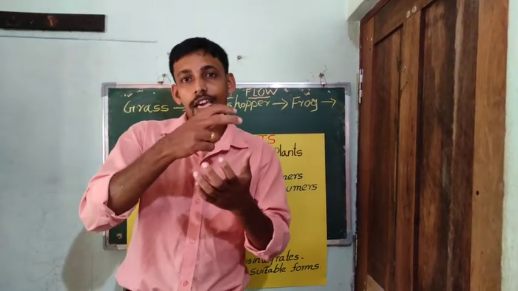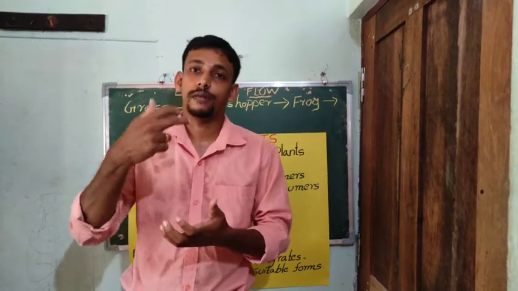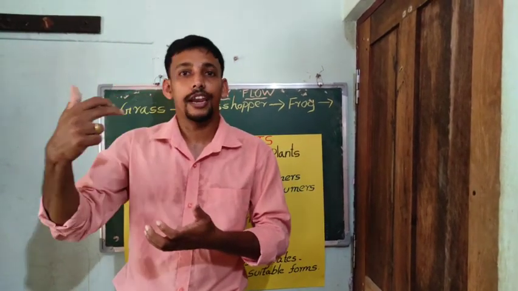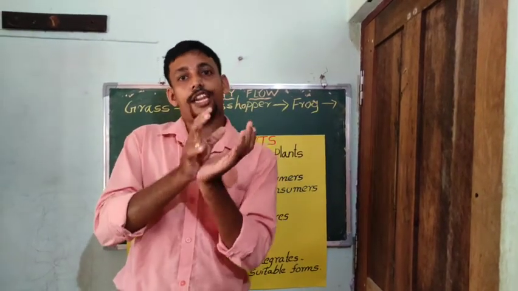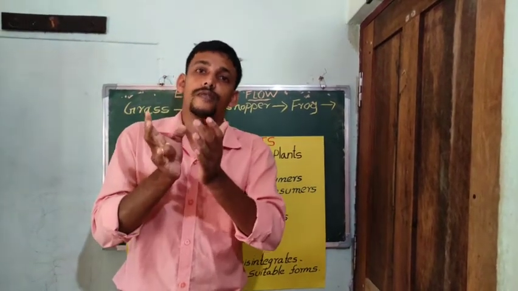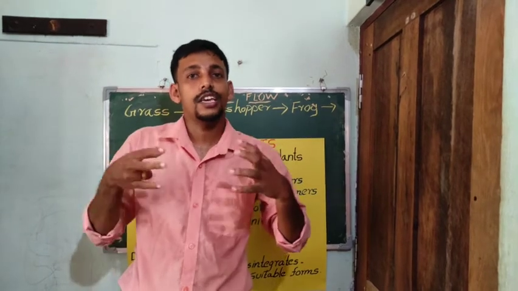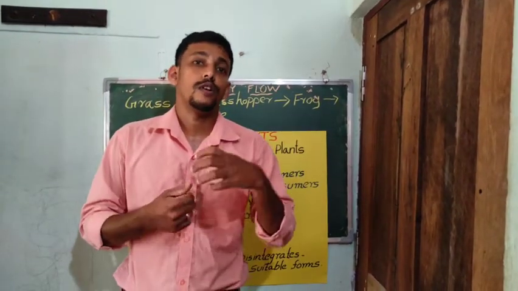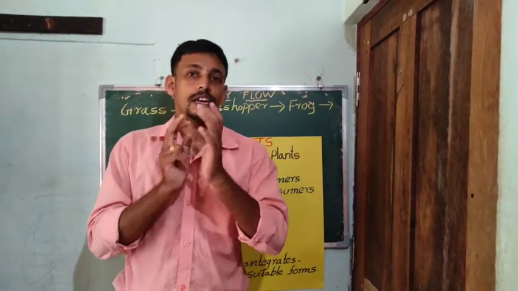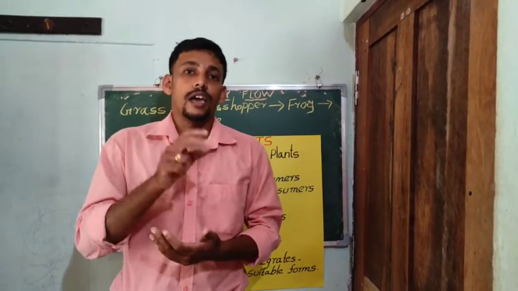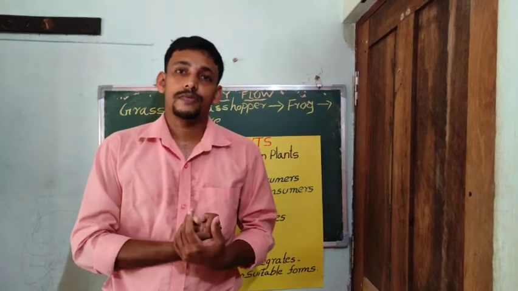Okay, so there is a flow of energy from the plants to the animals and all. Okay, so there is an energy flow, and there is interdependence of organisms, an interaction between the organisms. These are the basic characteristics of a particular ecosystem.